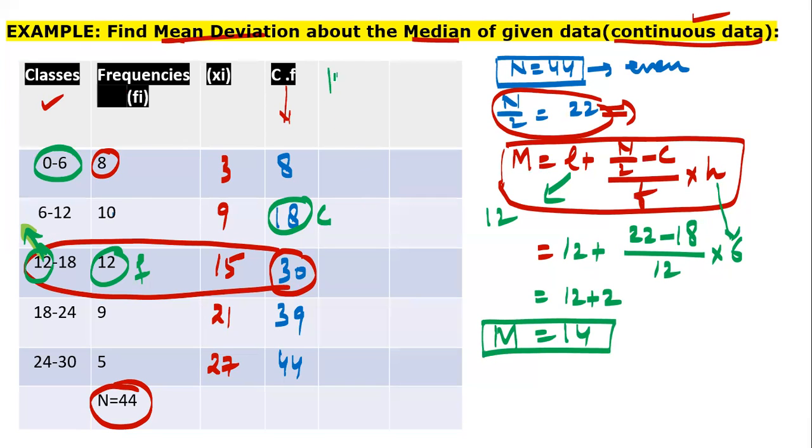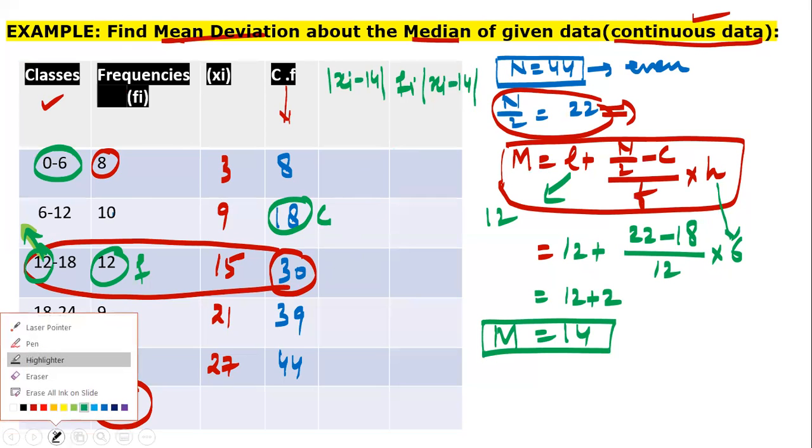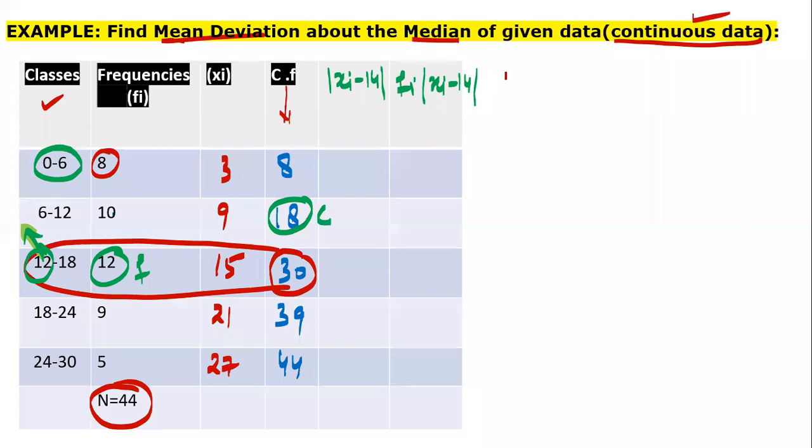Next column would be xi minus 14, and then fi into xi minus 14. We know mean deviation about median equals summation fi into absolute value of xi minus M upon summation fi.